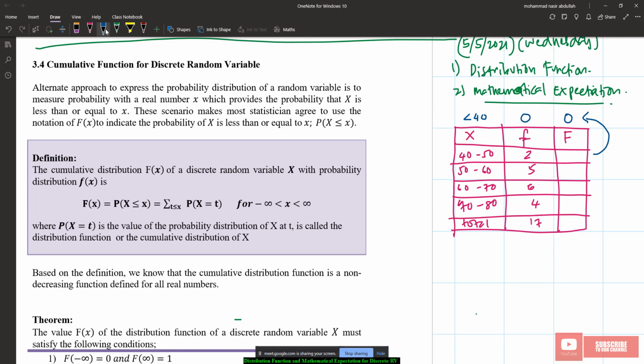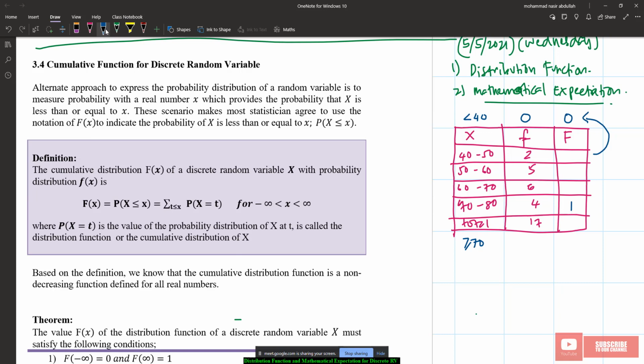When x is less than 40, no frequency is available, right? And when x is more than or equal to 70, then the cumulative frequency is always equal to 17, because it is 70 and above, right?